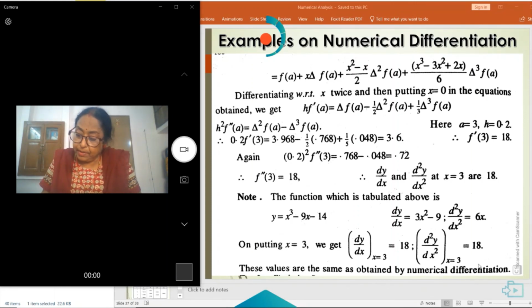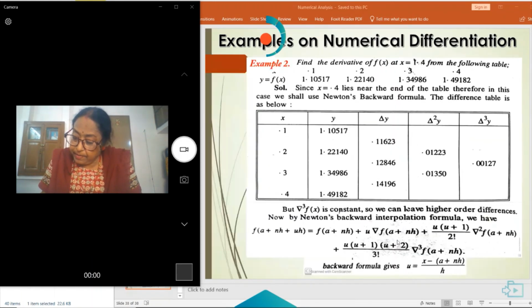Now, take another example of Newton's backward formula, and that is to find the derivative of fx at x equal to 1.4 from the given table.